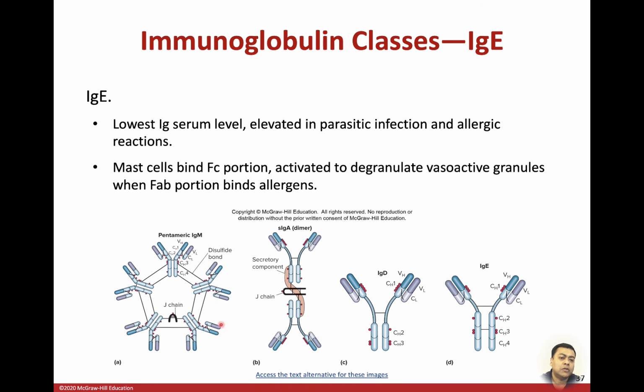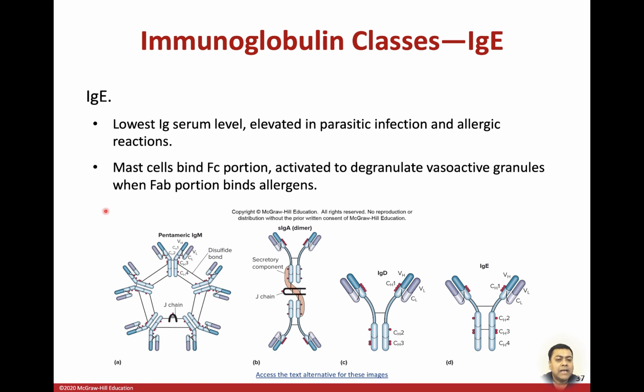So here is the structure of the pentameric IgM. Each one of them is an individual IgM, and one monomer of IgM is present as part of your B cell receptor. But in a pentameric IgM, you have 1, 2, 3, 4, 5. Why do you have this in a pinwheel, and why is this produced first?